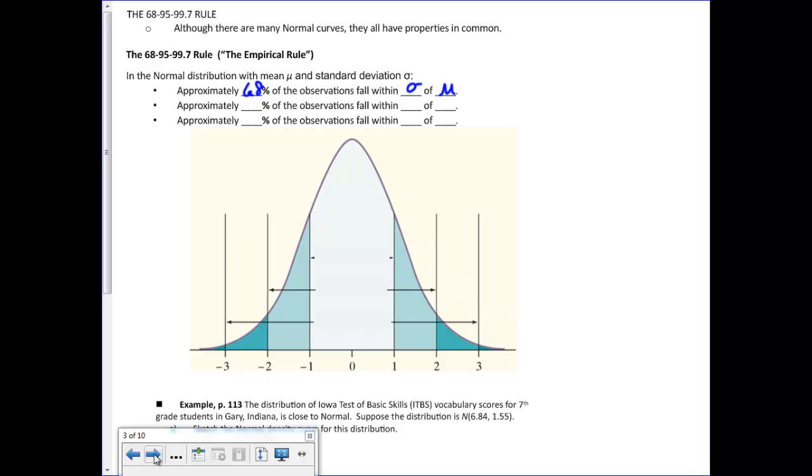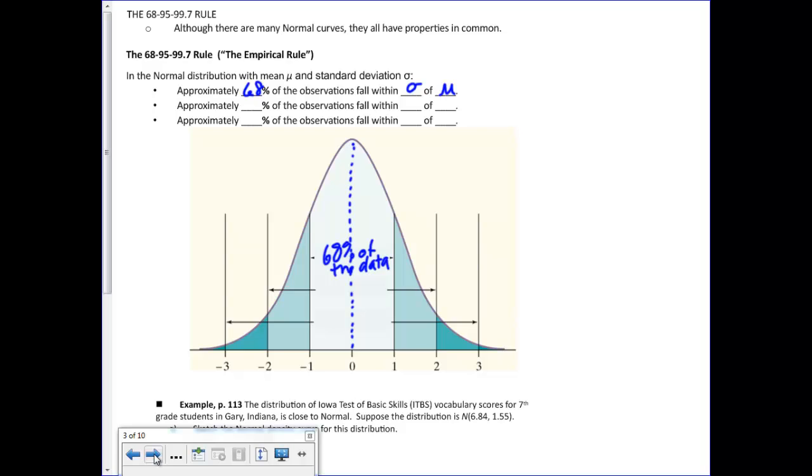Like right here, this is my center, my mean at 0. If I go left a standard deviation, and right a standard deviation, in between these 2 points is 68% of the data.